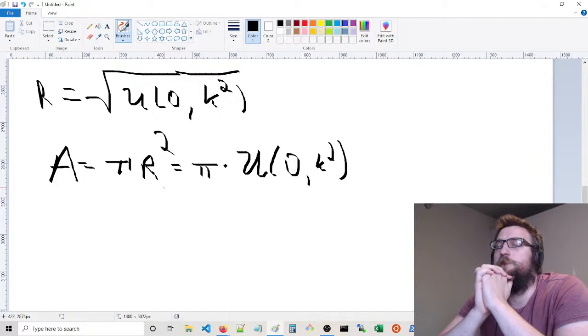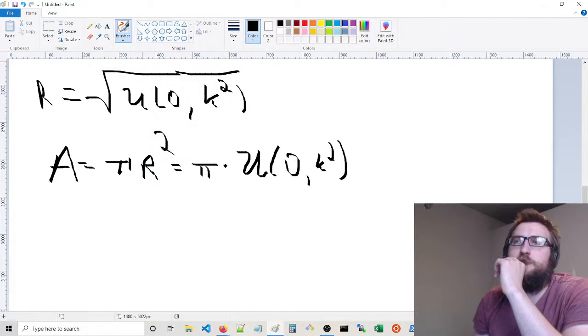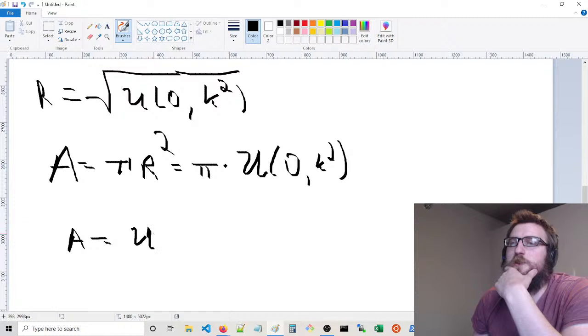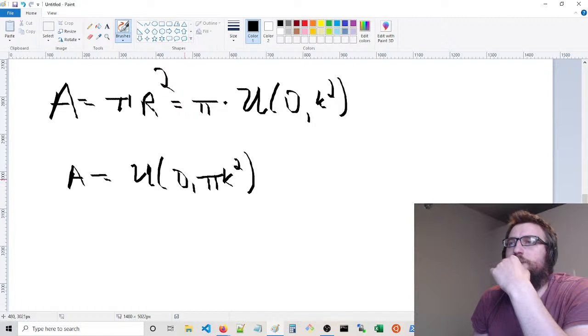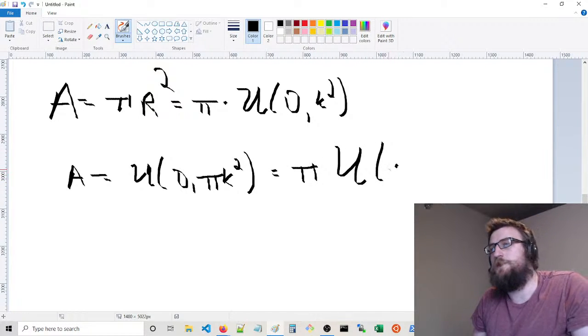You want every point that you could select within that area to have the same probability, being uniformly distributed, which actually means that you would have U(0, pi k squared), right? Which is pi U(k squared).